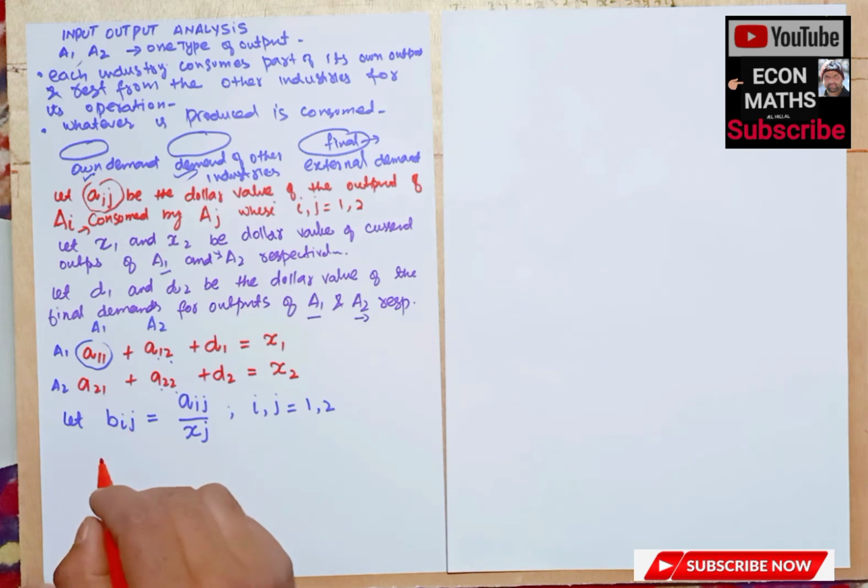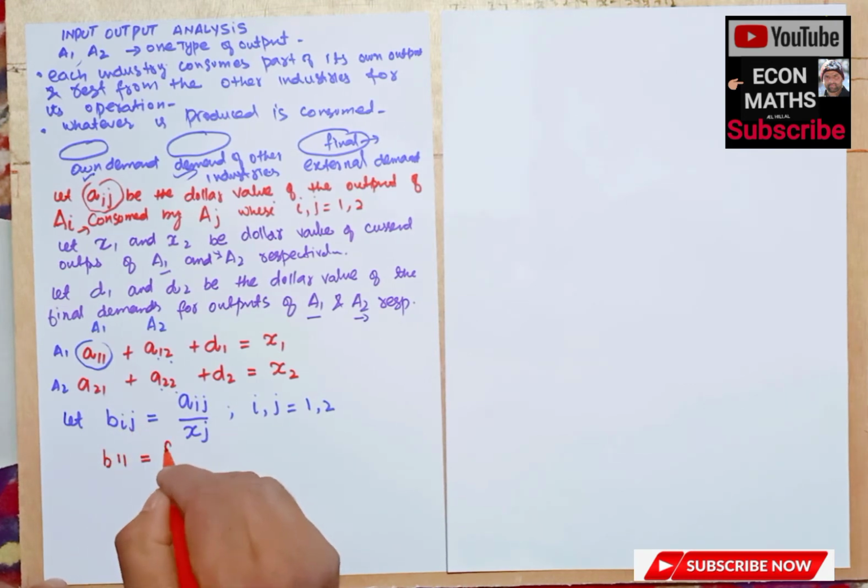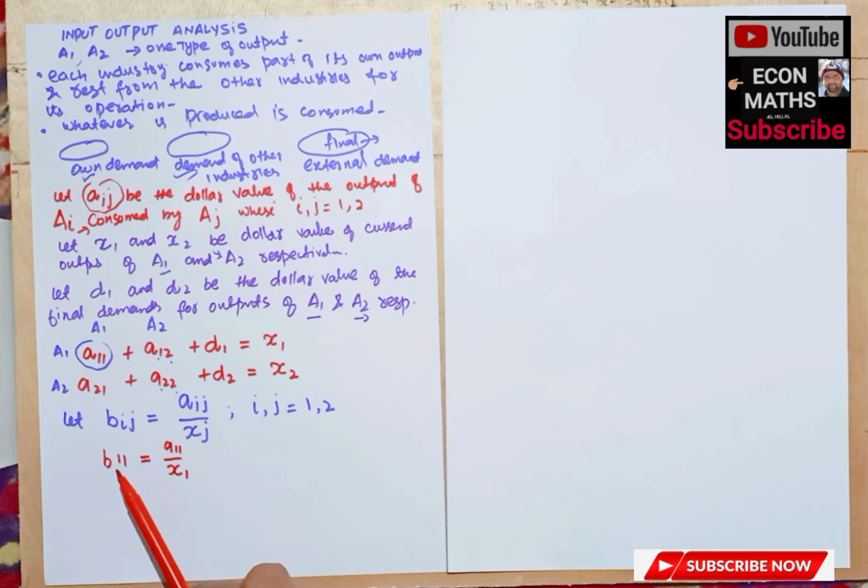First will be B11, that is equal to A11 divided by X1. Now this B11 means the dollar value of input from industry A1 required to produce $1 worth of output of industry A1. This is equal to A11 divided by X1.